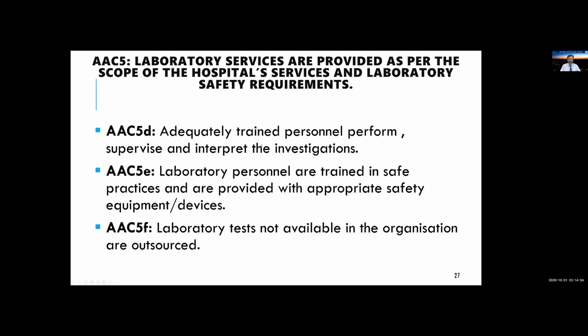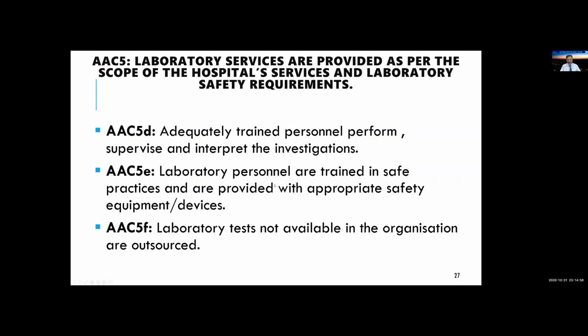Then in AAC 5, the next 3 objective elements focus on having trained personnel perform, supervise, and interpret the investigation. And if you have an outsourced lab, see to it that they have the NABH certification, or they have this NQA system where their reports are validated by an accredited laboratory.